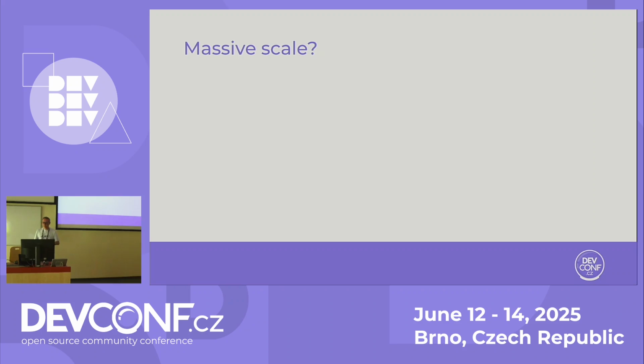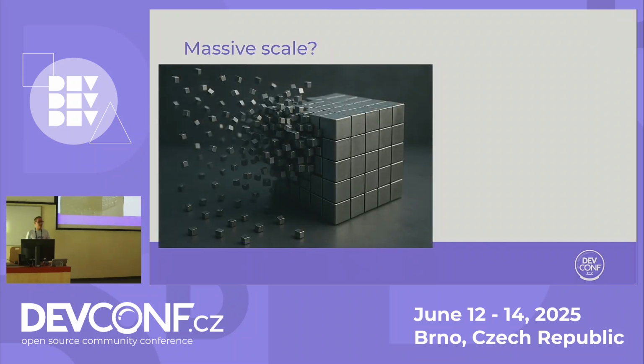Last thing that I would like to mention, what about a massive scale? We don't have yet a solid number on that, but what I would like to point out is that in this new approach, every node is independent and fully autonomous in adding itself to the cluster.